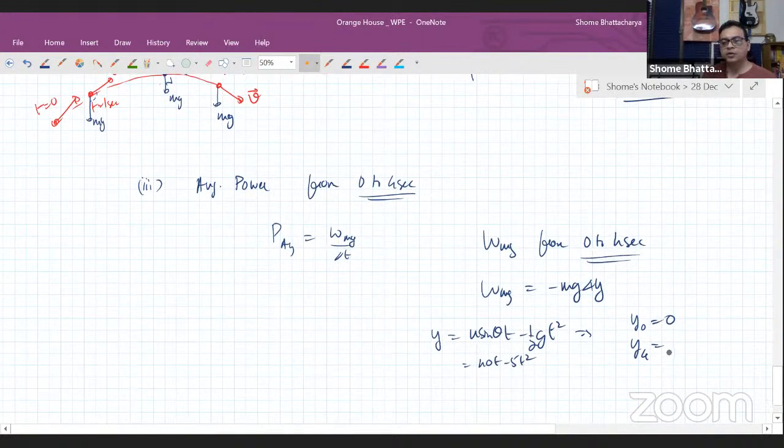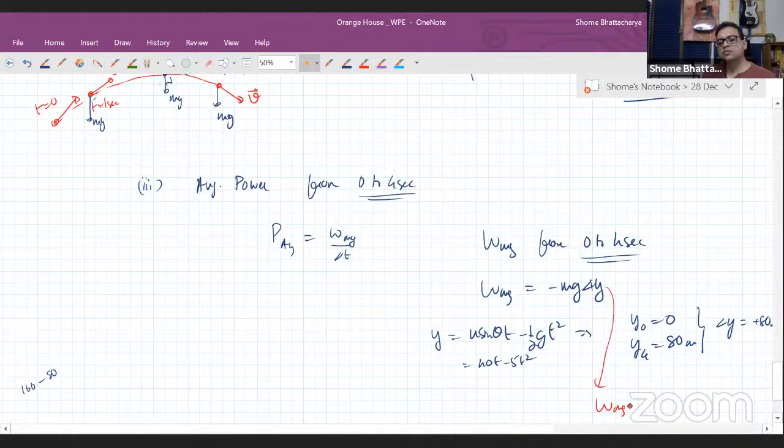Because u sine theta was 40. So this will become 40 into 4, that's 160, minus 5 into 16. So that is 80. So it's 80 meters. So the y component of displacement is 80 meters. So this work done by gravity part will become minus of this much.